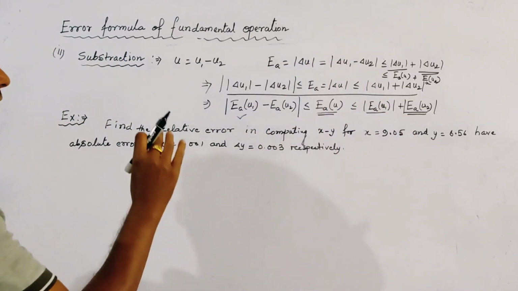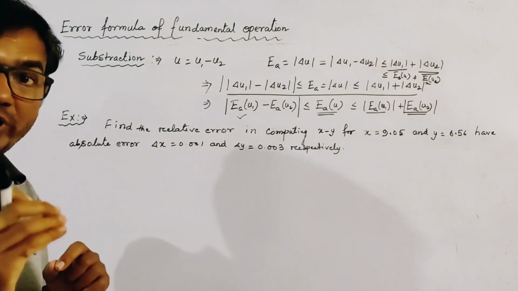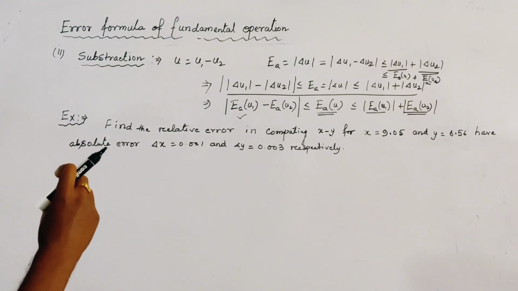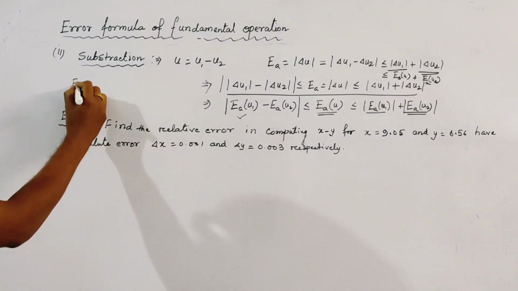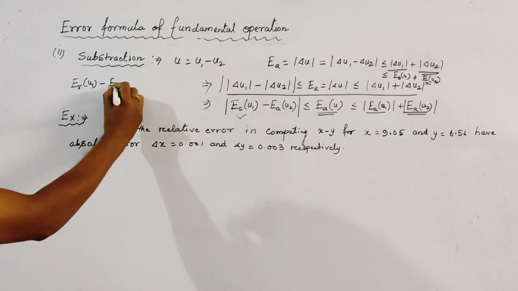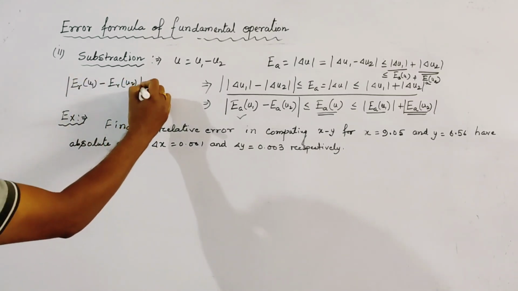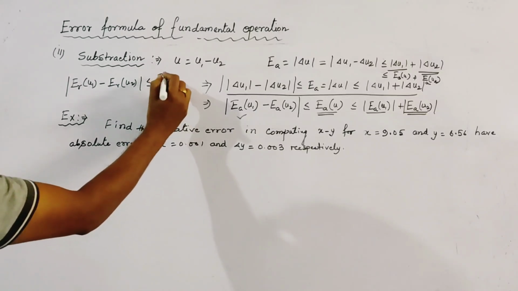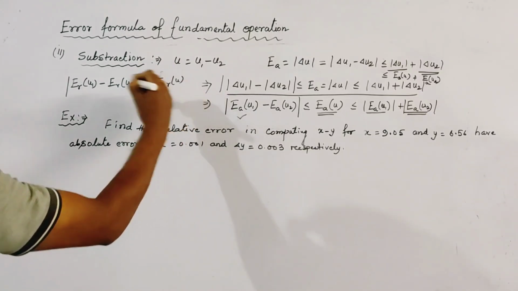Okay. Now if we wish to find the relative error, then similarly we can calculate this: relative error of u1 minus relative error of u2. Okay, and this is obviously less equal to relative error of u.